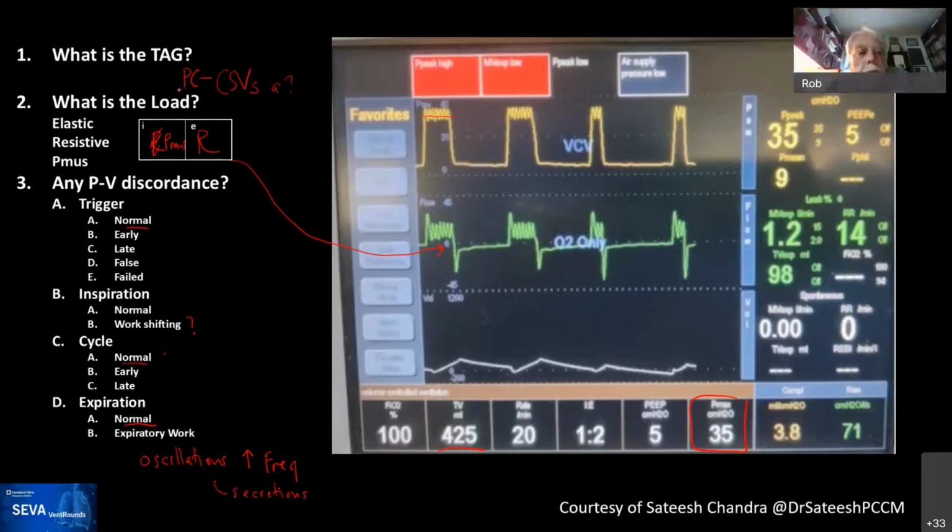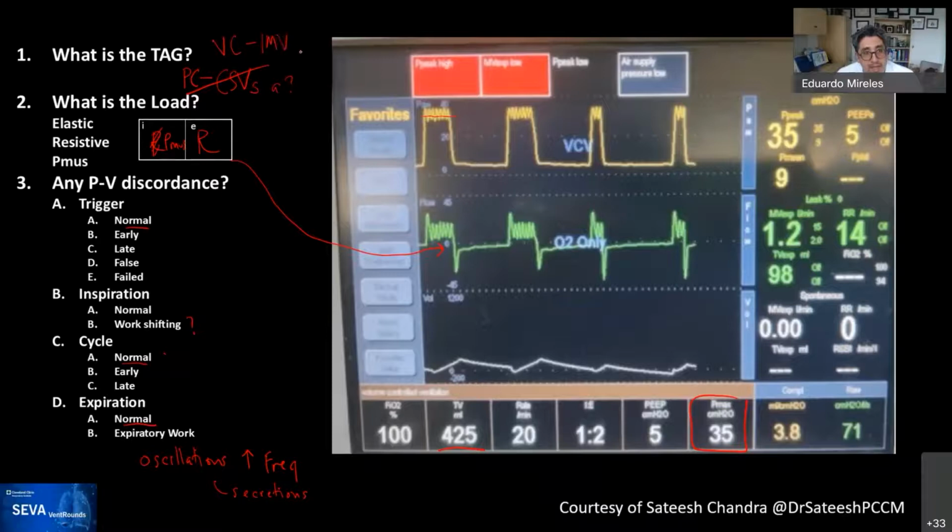Okay. So what we would say is this definitely is not volume control anymore. If it started as volume control and then it has variable size of breath, I would say that's probably an IMV, and based on the Pmax, this is probably a dual setting, meaning it changes from volume control to pressure control.